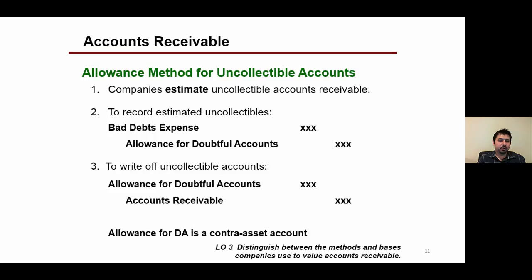When they report accounts receivable at the end of the year, the company will use the contra asset account called allowance for doubtful accounts. In order to match the expense with the revenue, the company would record the bad debt expense in the same accounting period at the end of the year.